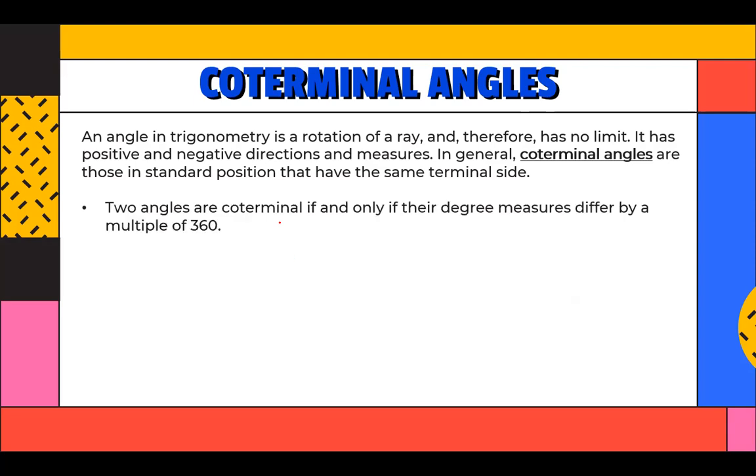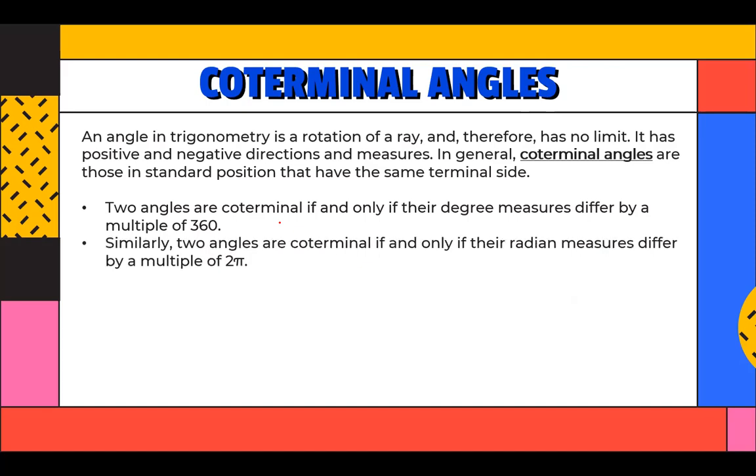Now, we can also say that two angles are coterminal if and only if their degree measures differ by a multiple of 360, if that's in degree measure. Similarly, two angles are coterminal if and only if their radian measures differ by a multiple of 2 pi.